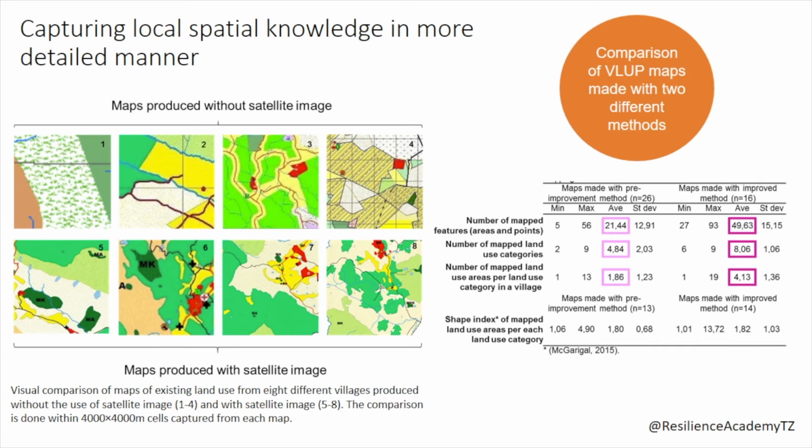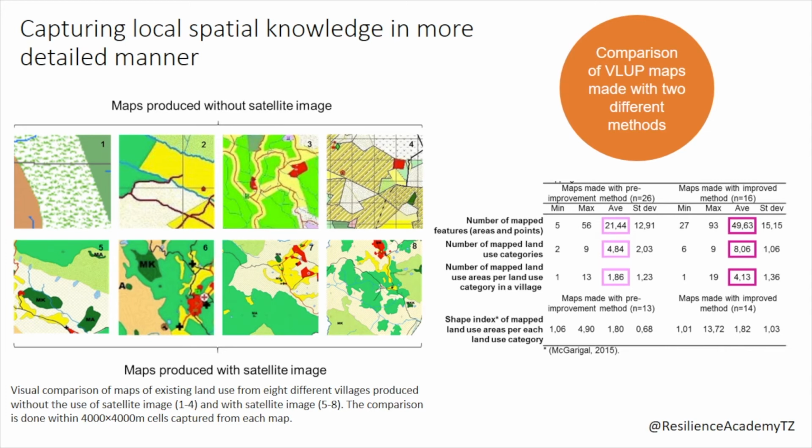In the table, you can see that the average number of mapped features in the maps done with satellite image is more than double compared to maps done without satellite image. The same observation can be said about the average number of mapped land use categories and mapped land use areas per land use category in a village.